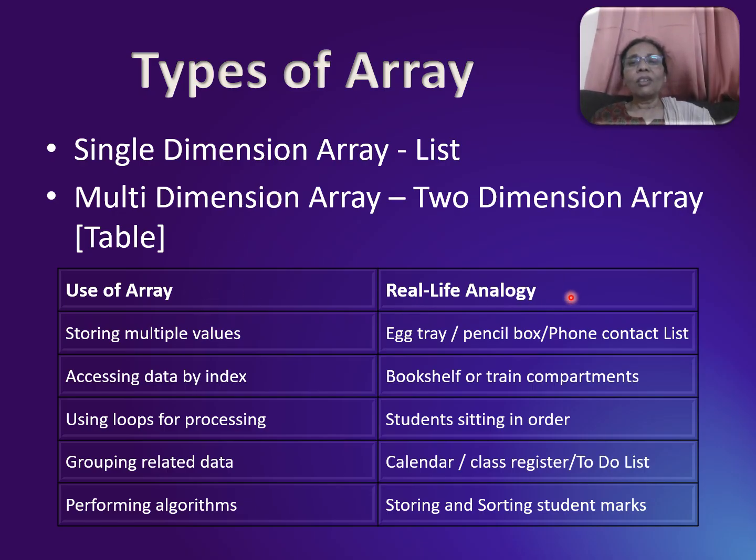Real life analogies to an array: you can have a tray in which you keep eggs, a pencil box where multiple colored pencils are stored one after another, a phone contact list. They all are examples of storing multiple values.